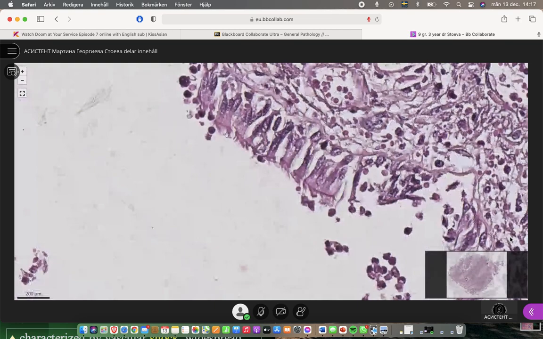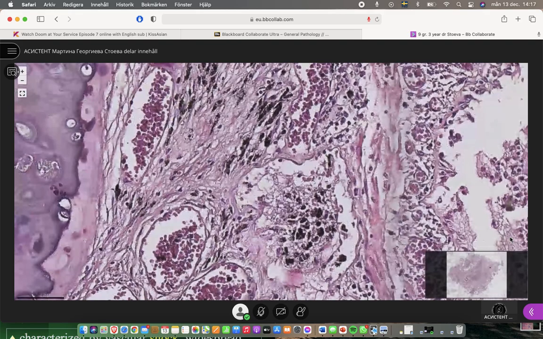There is another lumen with epithelium here. Honestly, here the epithelium is more damaged than in the left lumen. There are coniophages in the interstitium around the bronchi, macrophages with coal dust.